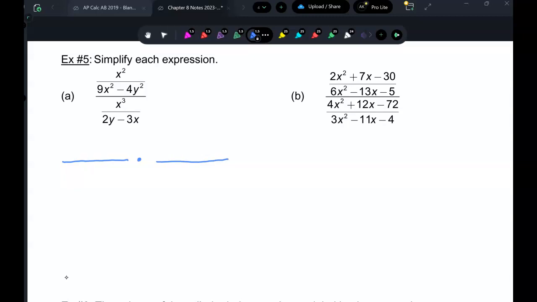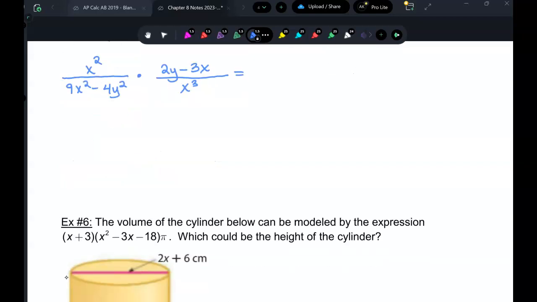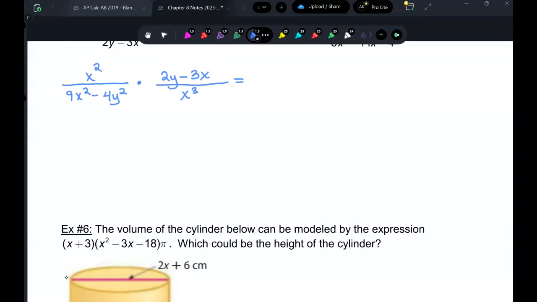So here, take this one, for example. I have x squared. Now, if you want to factor at the same time, you can. So I'm going to multiply by, now we're going to flip this one. So we want 2y minus 3x and x cubed. What does this factor into?